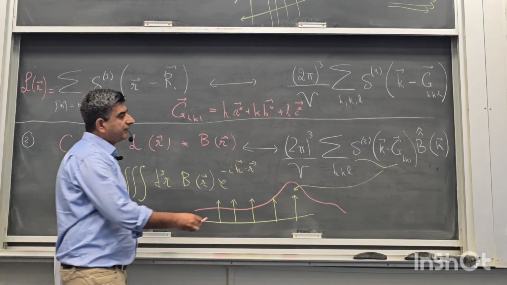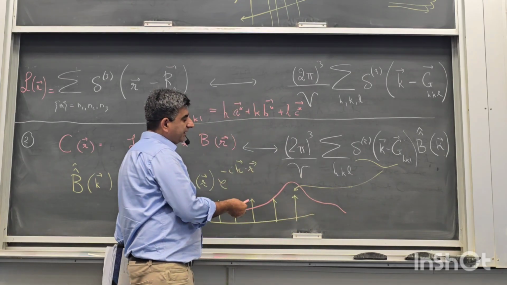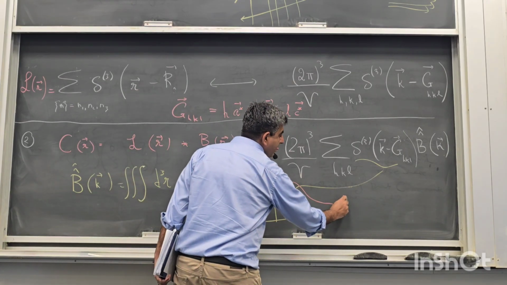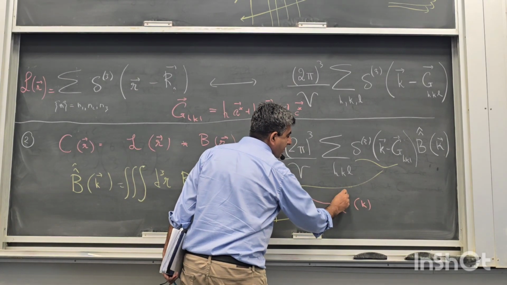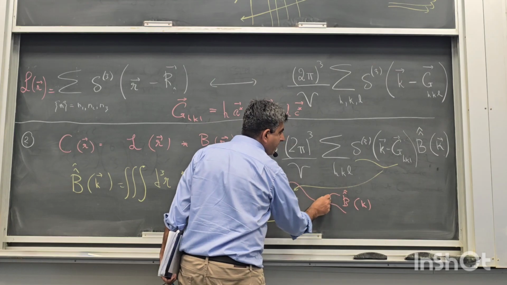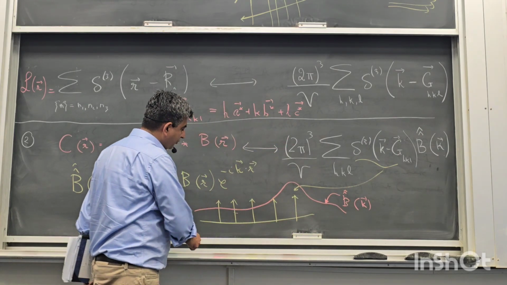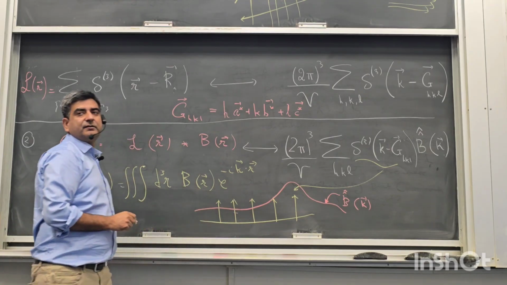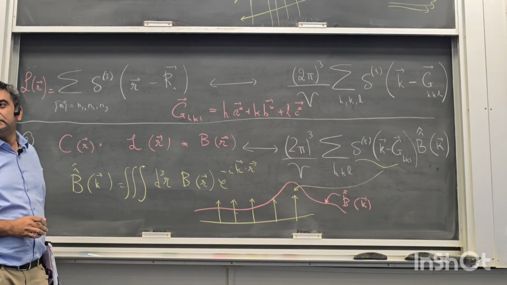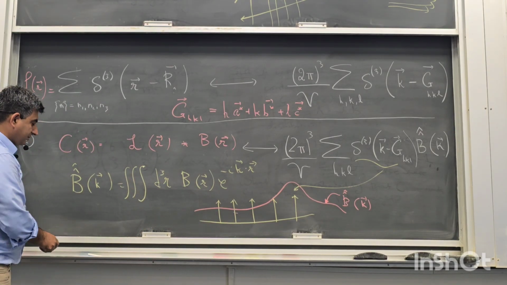Then what this object is doing is sampling this Fourier transform at these precise points. So it's a simple multiplication.